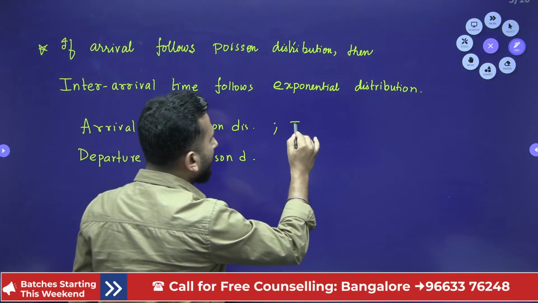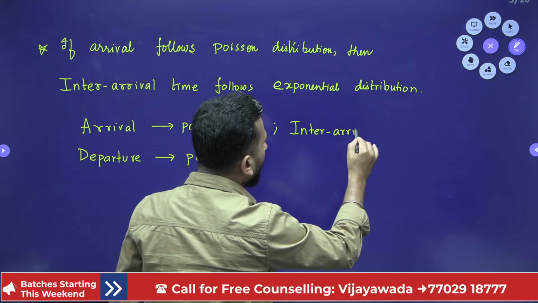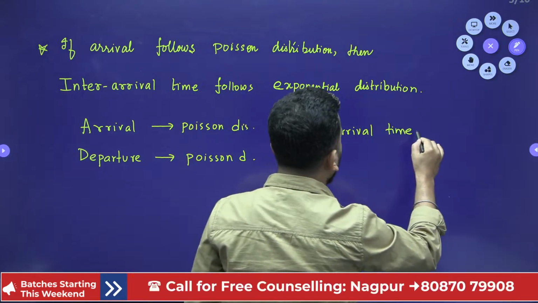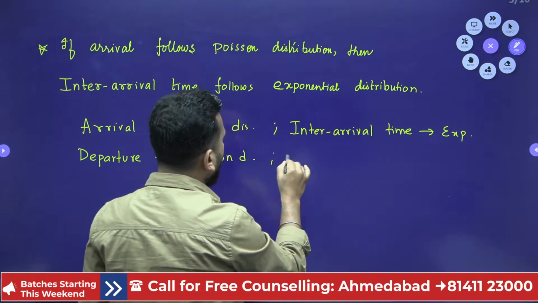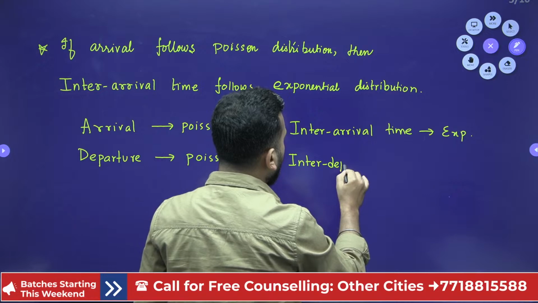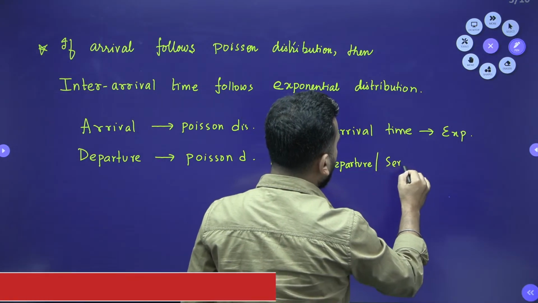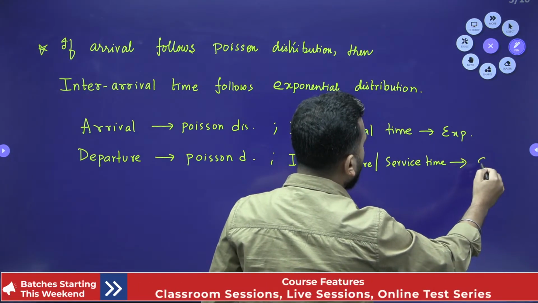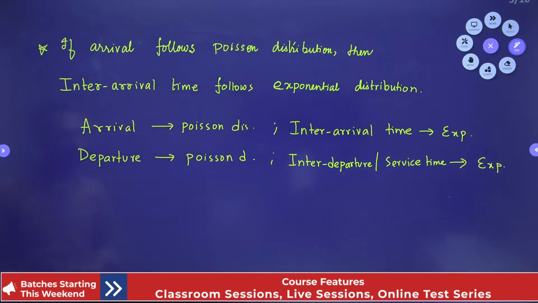Inter-arrival time follows exponential distribution, and therefore inter-departure time, which is also known as service time, follows exponential distribution, right?